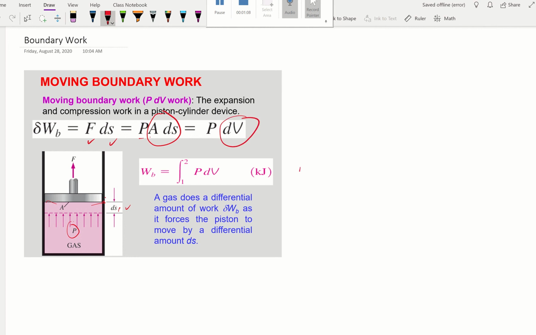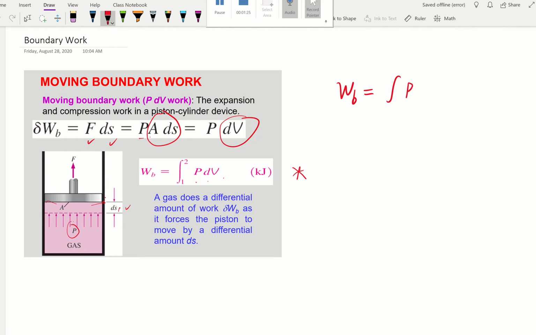So here is the expression for boundary work. It's the integral of P dV from state 1 to state 2. That's our moving boundary work equation, where b indicates the boundary.